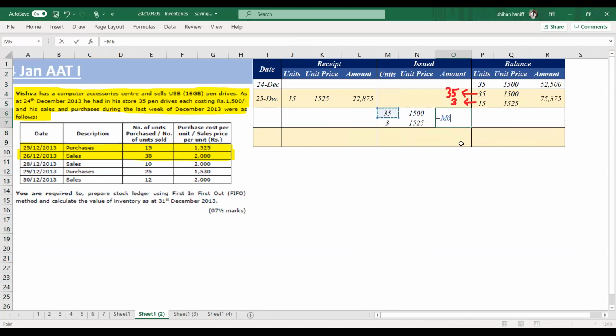So total 35 into 1,500 plus 3 into 1,525, which is 57,075. Then the remaining stock will be only 12 units. Entire 35 units were sold. Out of 15, if you sell 3 units, 12 units remain at 1,525. Remaining balance 18,300. We will do the rest and calculate the total, the closing stock.